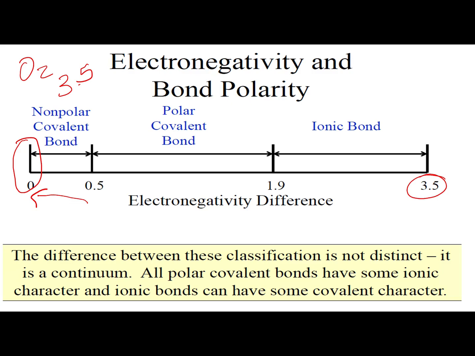Sometimes ionic compounds, like if you look at aluminum sulfide, actually have polar covalent bonds because the electronegativity difference between the aluminum and the sulfur is 1.0. So all polar covalent bonds have some ionic characteristics.